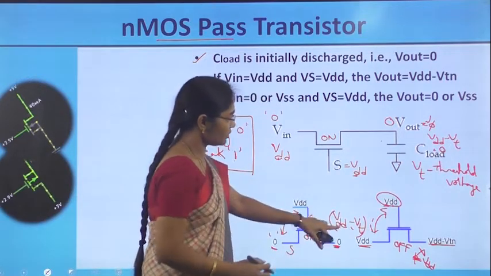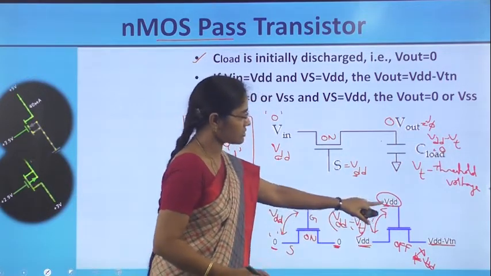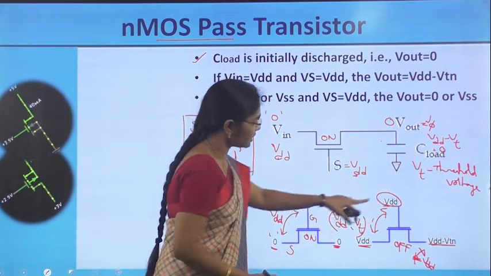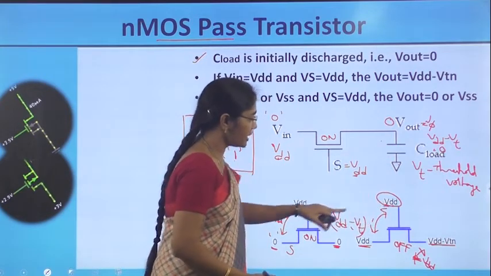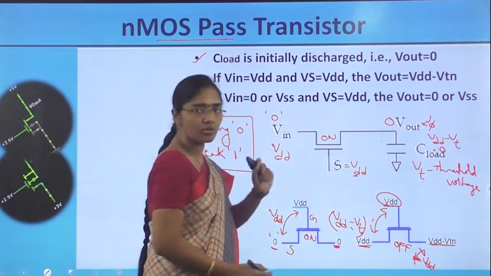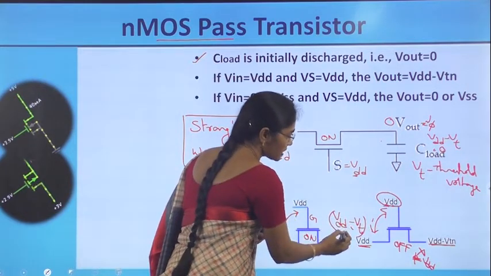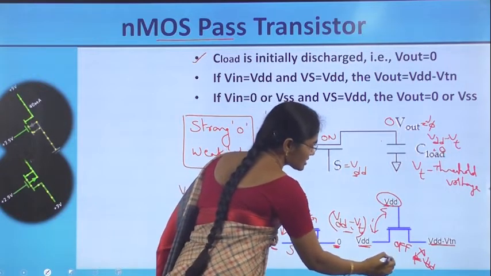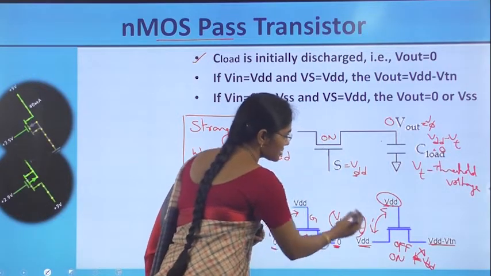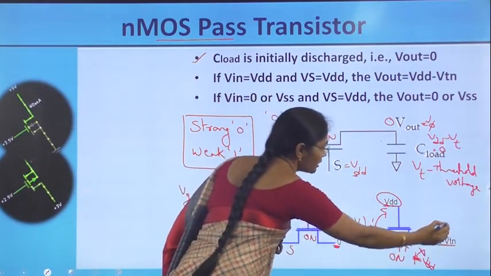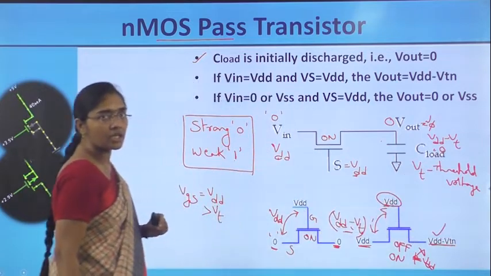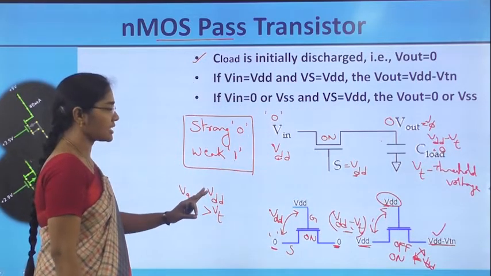If the signal value at the source is VDD minus VT and the gate is at VDD, the difference between gate and source, VDD minus (VDD minus VT), is equal to VT. Therefore, VGS is exactly equal to VT, so till this case the transistor will be on. So it passes the value of VDD minus VTN. That is the case with the NMOS transistor.